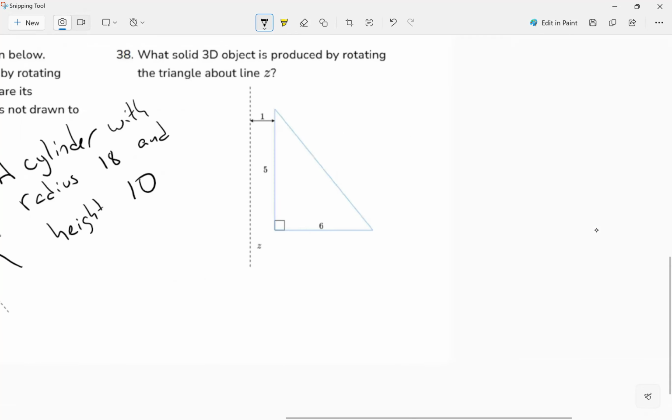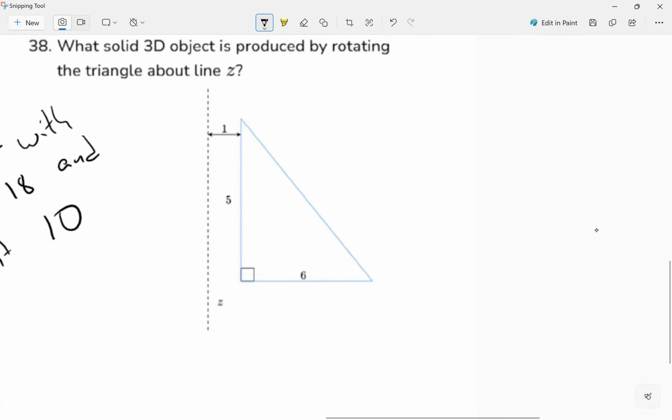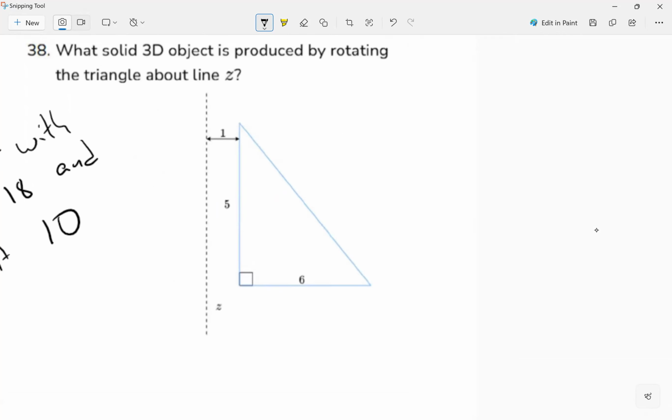Pretty cool. Now, what solid in 3D object is produced by rotating the triangle about line Z? Oh, notice that the triangle is not touching the line. So if I rotate this point, it's going to give me something like that.